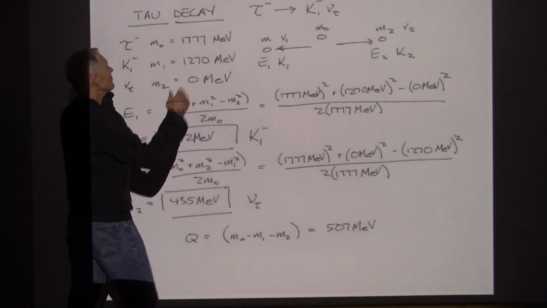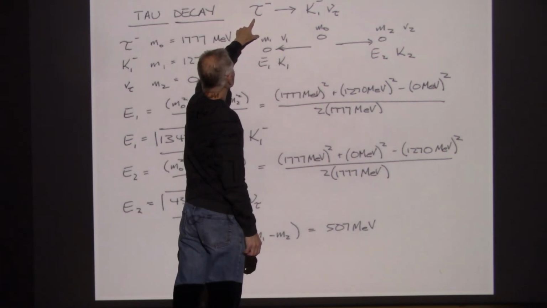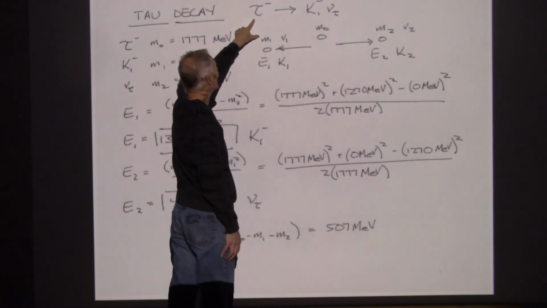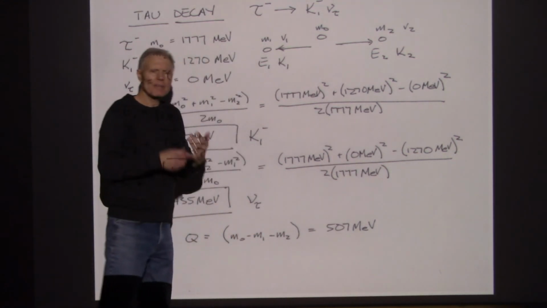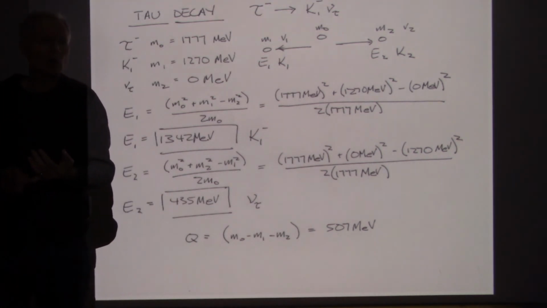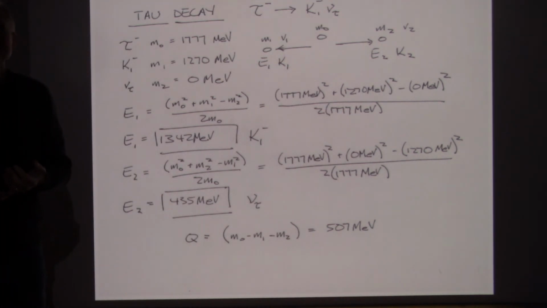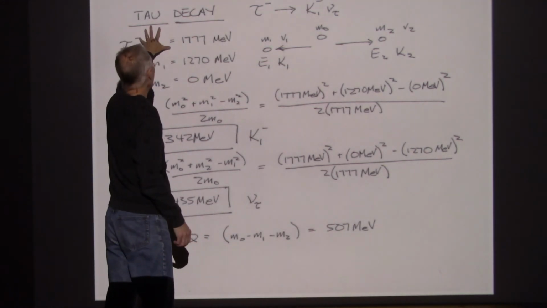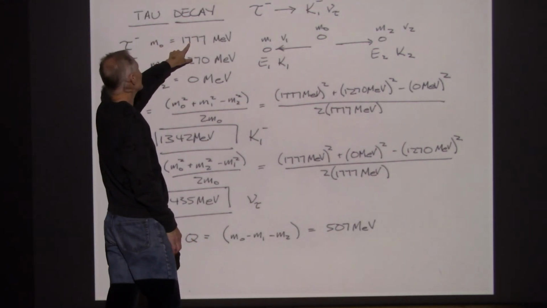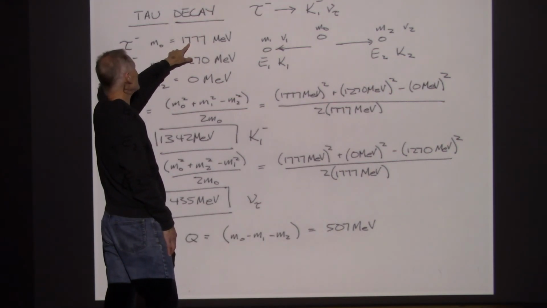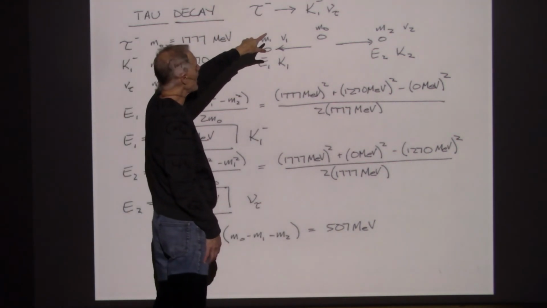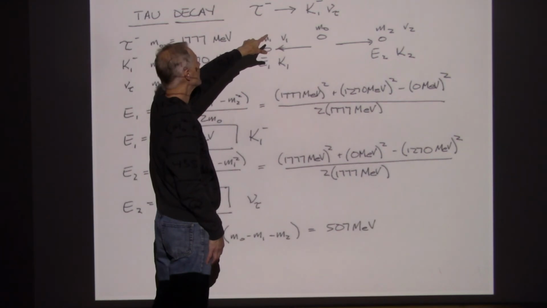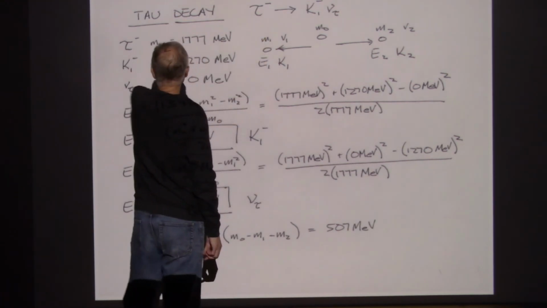So again, these are just particles that you probably have never heard of. We said that there was a heavy version of the electron called the muon. There's an even heavier version of the electron called the tau. And the tau has a mass of 1,777 MeV. This is one of the possible decay reactions for the tau.